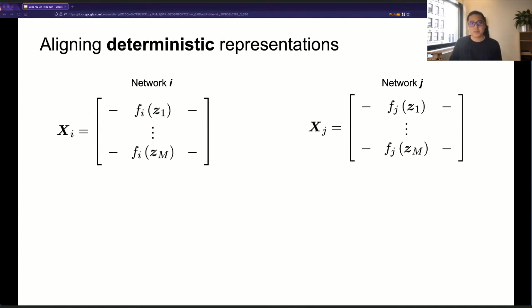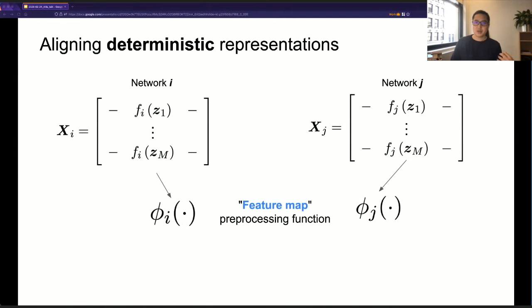So concretely, we have two response matrices, I and J. And already at this point, the most common concern or question that comes up is, what if I record from monkey I and monkey J, or area I and J, and I don't have the same number of neurons? In other words, what if the dimensionality of these matrices is not the same? Well, for this, we allow for some feature map, phi, and this acts like a preprocessing function.